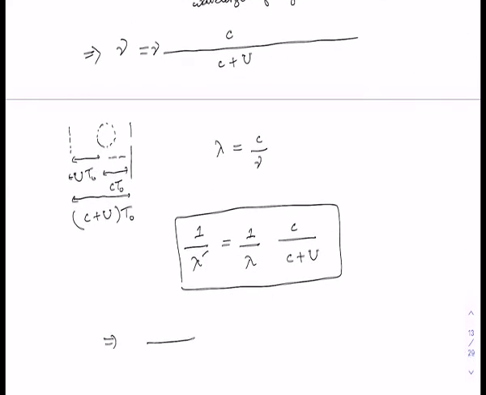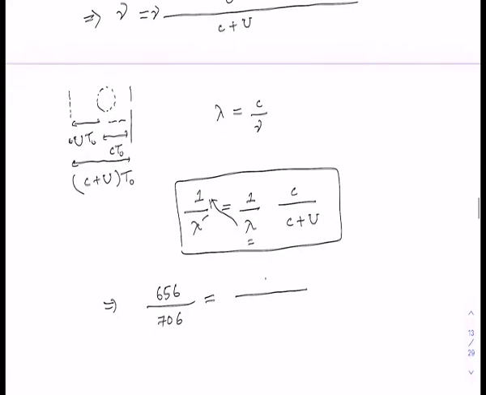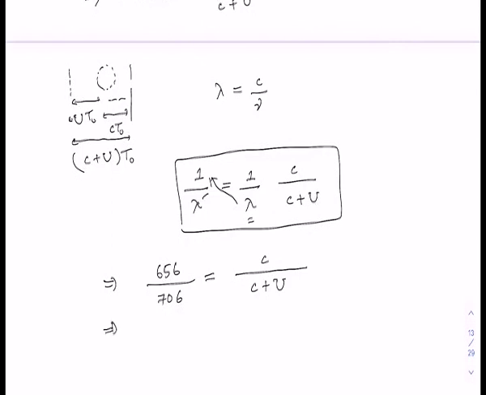Lambda dash is given, that is 706 nanometer, and lambda is given to be 656 nanometer. I'm just taking it this side, and then I have c divided by c plus capital U. Now if you just do it quickly, you will find that this would be simply 0.93, and then if I take this side, it would be c plus 0.93 u, and that would be equal to c.